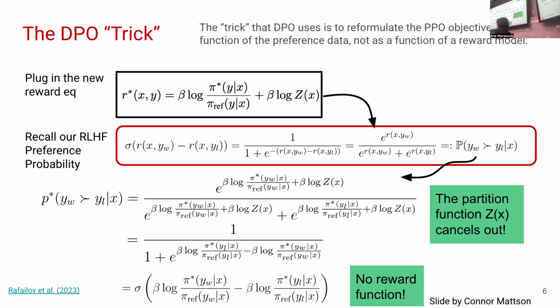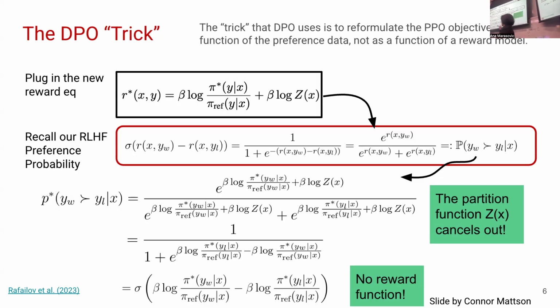So let's go over the key things that happened here. The key thing is canceling this term, because this is where my zeta function is, which includes marginalizing over all possible responses in a language, which are infinitely many.